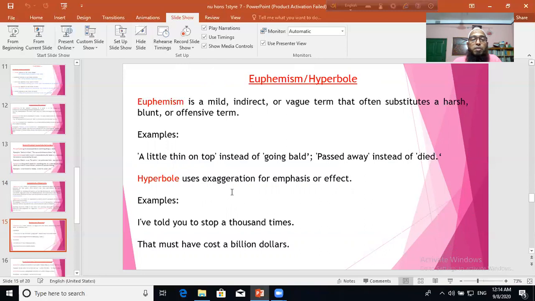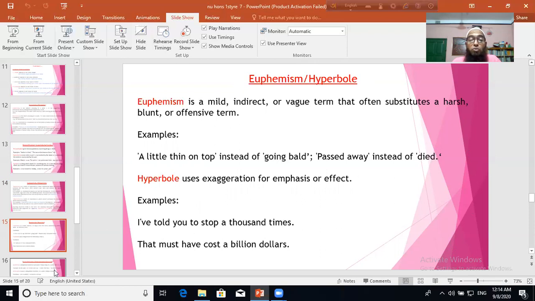Hyperbole is a bombastic expression, I mean exaggeration for emphasis or effect. To emphasize something, sometimes we use hyperbolic words, phrases, or sentences. Writers do this also. Look at this sentence: "I have told you to stop 1,000 times." Is it possible to say the same thing 1,000 times?